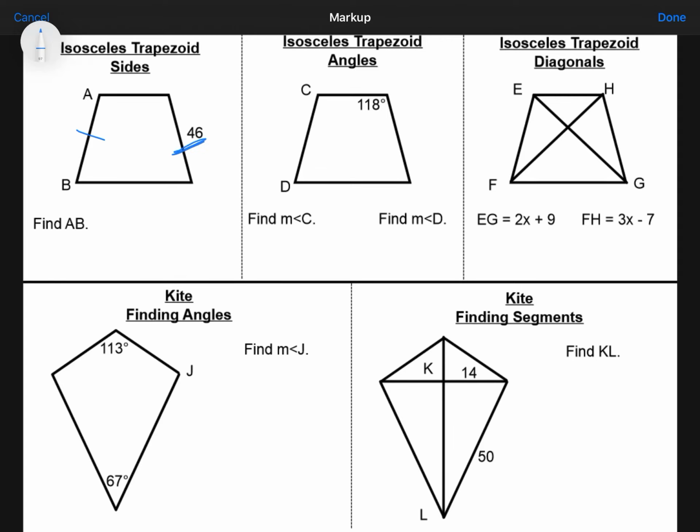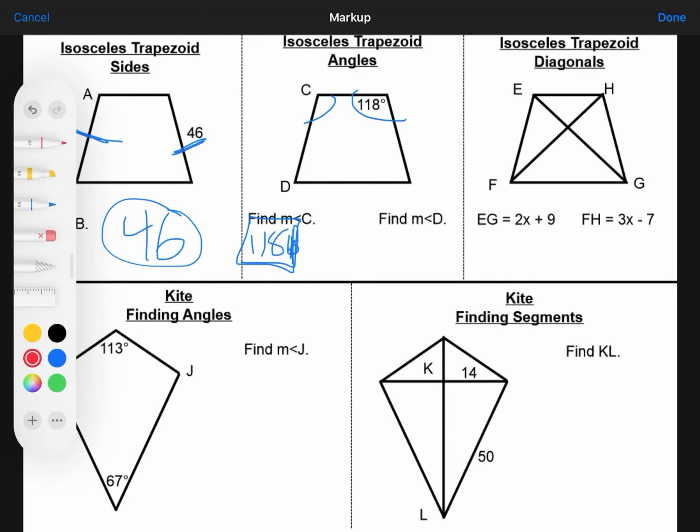Simple enough, isosceles trapezoids are isosceles. The two sides are equal. Isosceles trapezoids are isosceles. The two angles are equal. Excuse me about that. And then you have to make sure that if you're trying to find angles that are not congruent, it has to do with the same thing with parallelograms, that consecutive angles are supplementary.